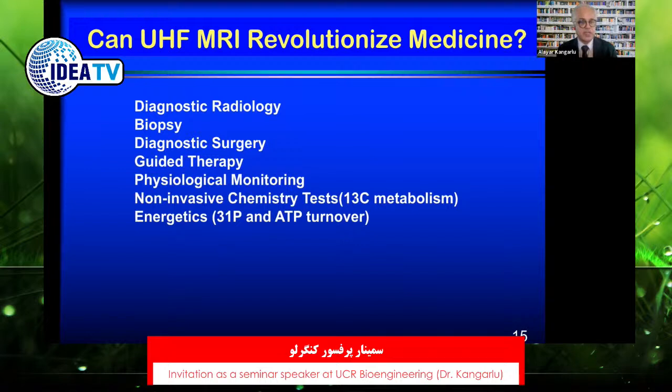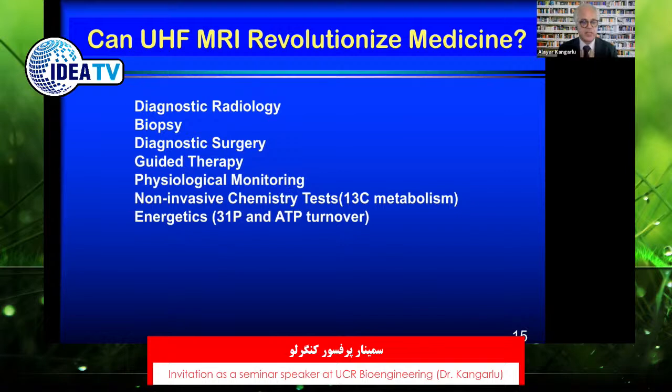As I said, non-invasive chemical composition mapping of the body, because every element in the periodic table does have an MR signature. You should basically be able to do MR spectroscopy with every element, at least those which have abundance in the human body.